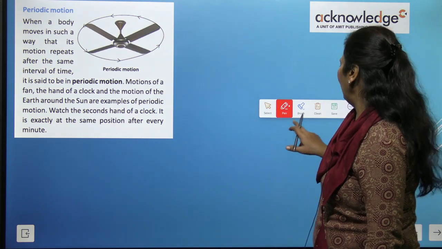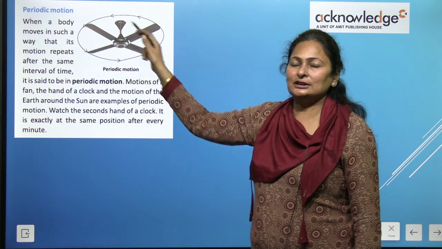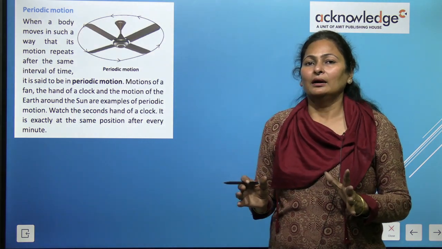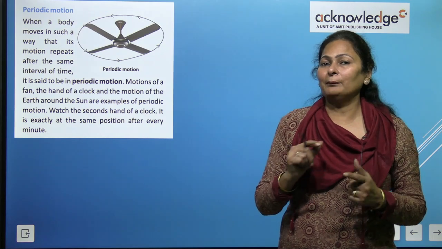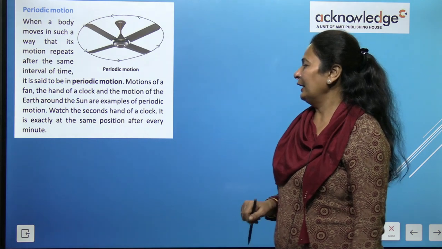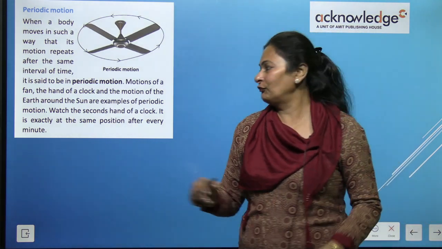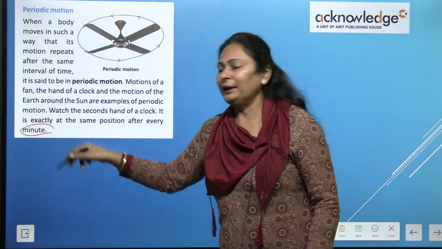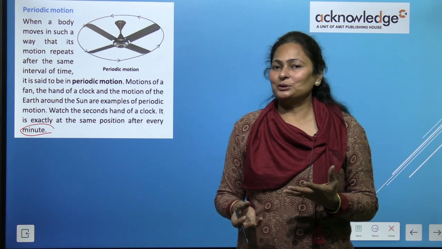So, the motion of a fan. The fan is moving in this direction. It is taking the same amount of time, or the same interval. So we have seen the second hand of a clock. It is exactly at the same position after every minute, after every second also, and the hour also, right?